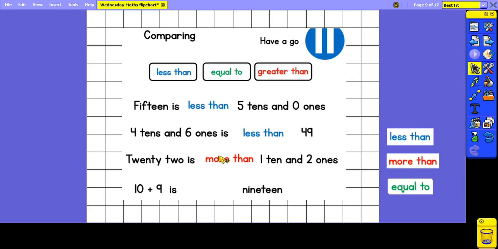So 22 is more than 12. And 10 add 9, which is 19, is equal to 19.